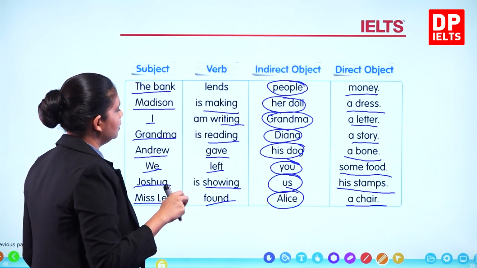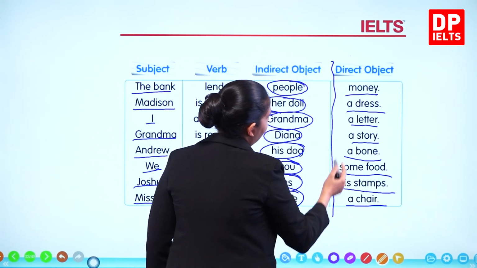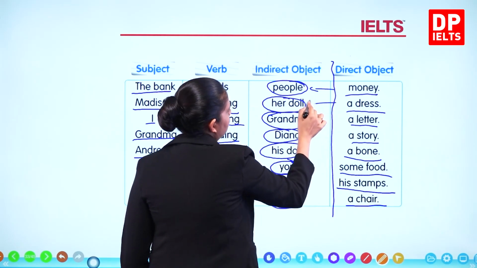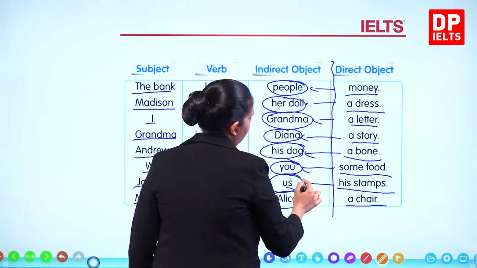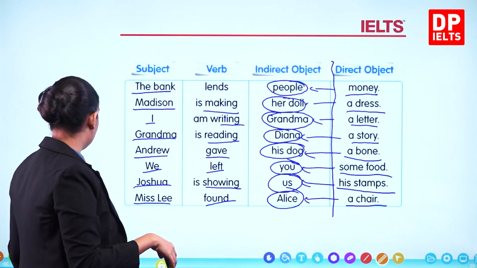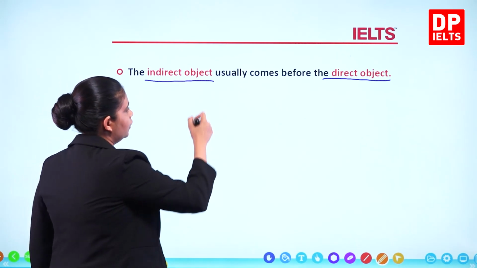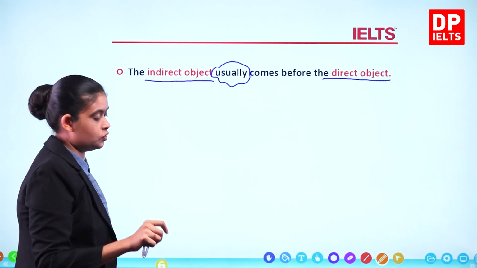Okay? So here you can see that this is the direct object and the indirect object has come before that. I'm not saying always, it's kind of a usual norm, right? It could change.